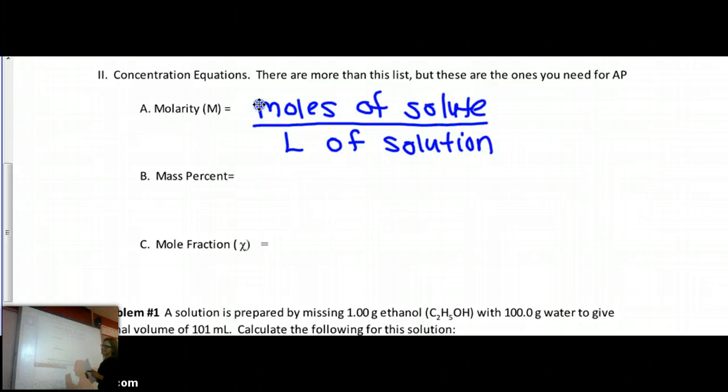Of course, this is the symbol M, capital M to be more specific.